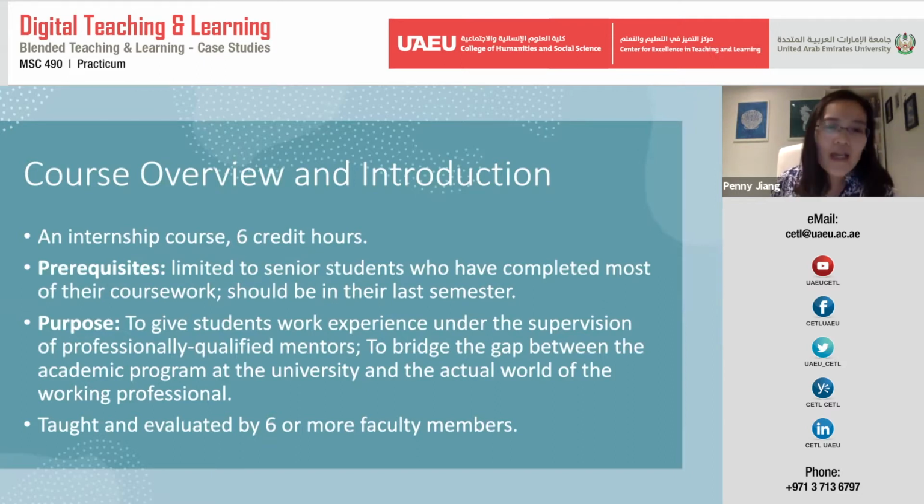And usually we teach this course as an overload. That means even though for the students it counts as 6 credit hours, for our faculty members it's only counted as 1 course. And we usually take it as an overload, meaning that besides this course, like this semester, I am teaching 4 other courses at the same time. I have 5 courses in total, almost every semester.